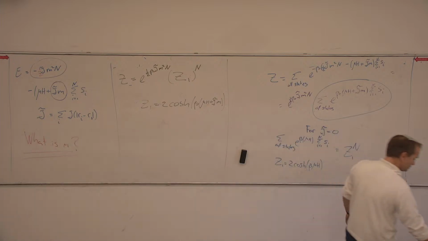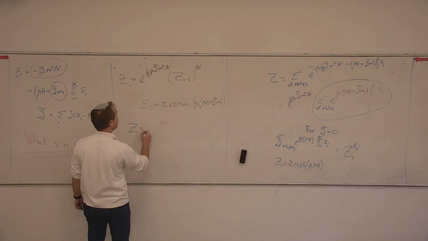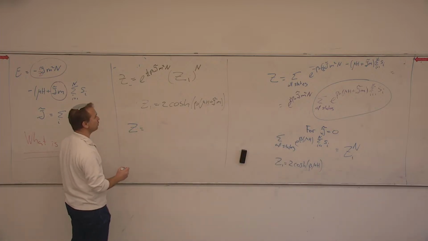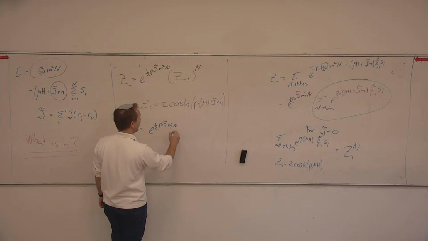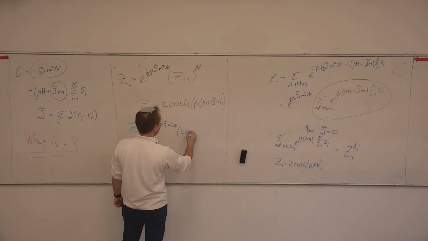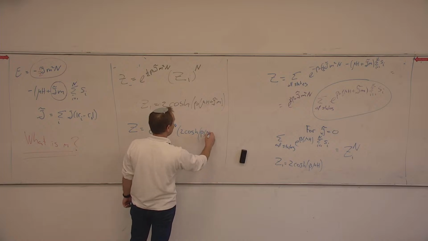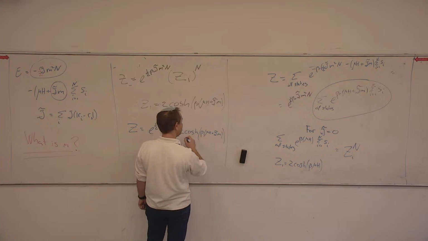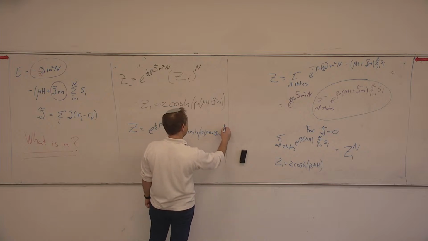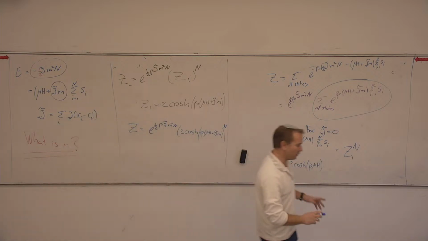So in total, we can write down that our partition function Z is e to the power 1/2 beta J tilde M squared N, times 2 hyperbolic cosine of beta times mu h plus J tilde M, and all of this to the power N. Hooray, we've done it, right?